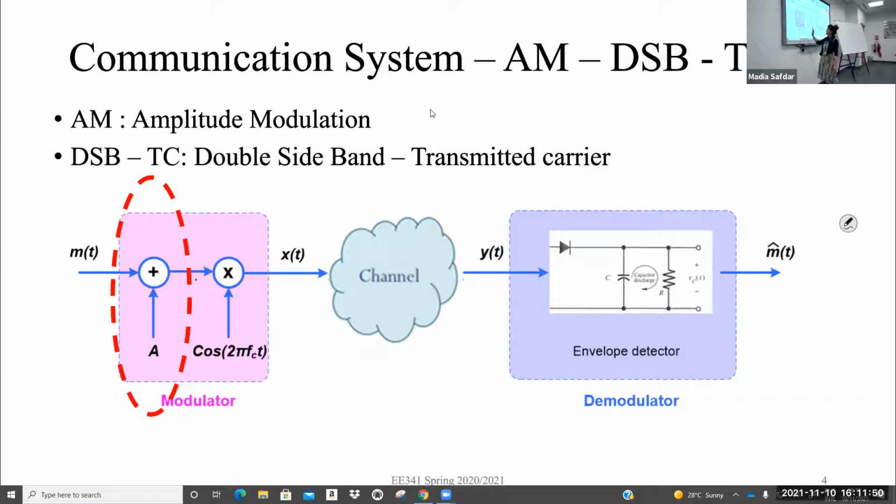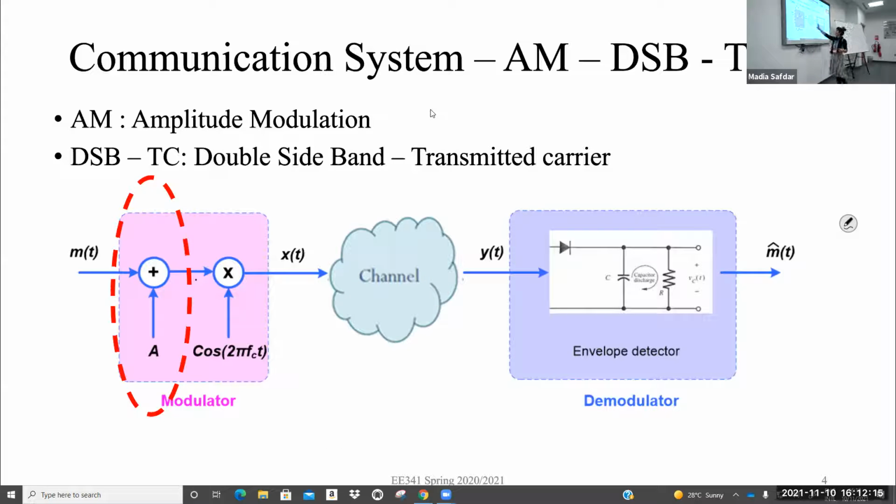Then I multiply with the carrier. This all becomes one signal. Okay, clear? x of t will be m of t plus a, multiplied with cosine of 2 pi f c t. Yes. Okay.